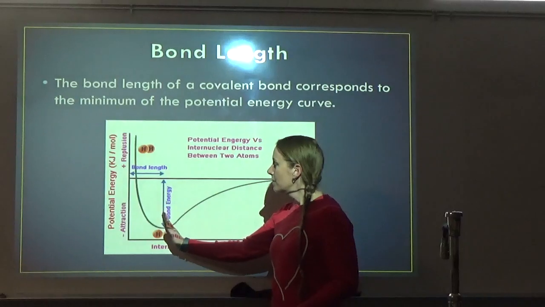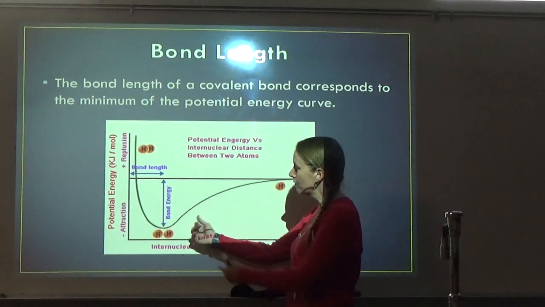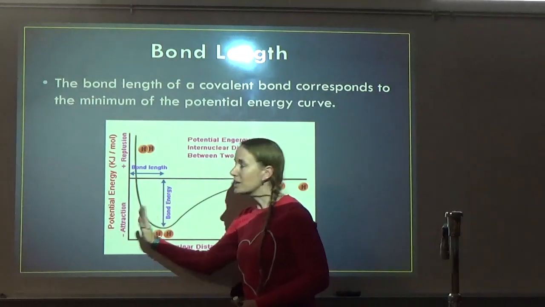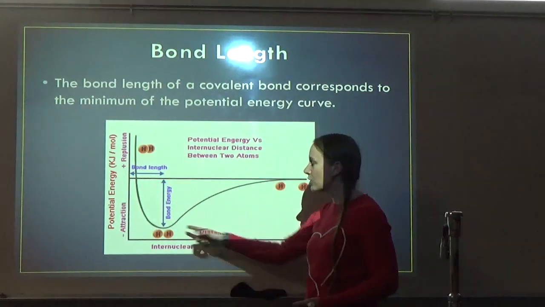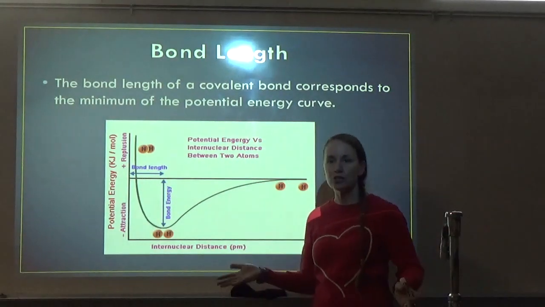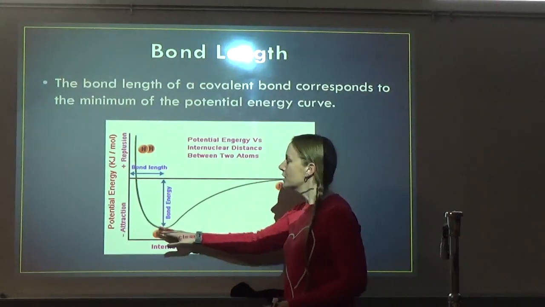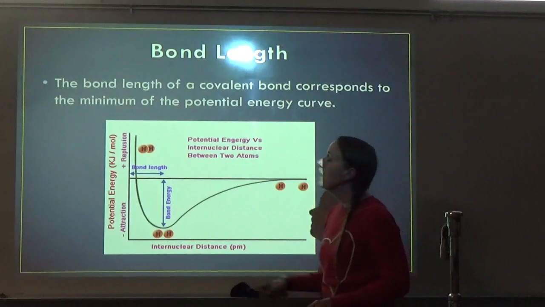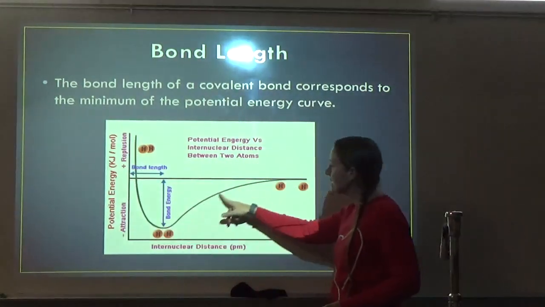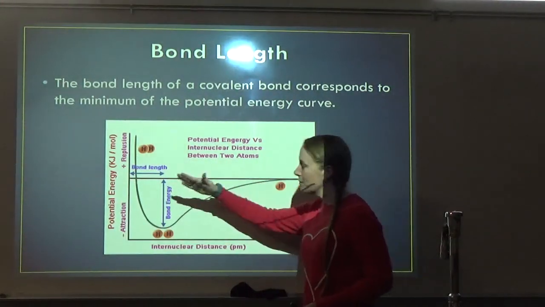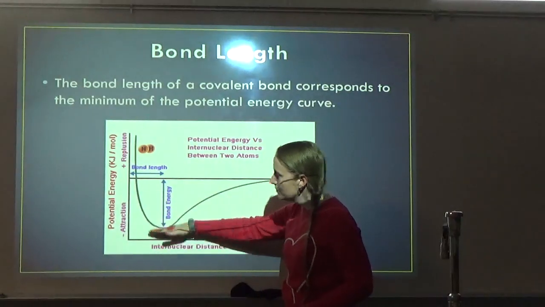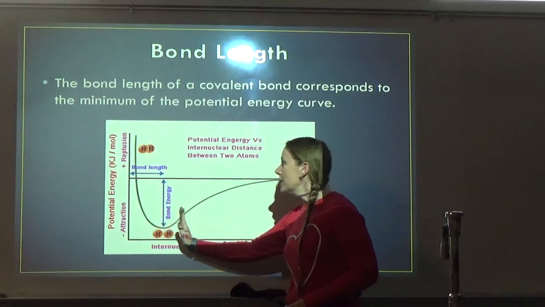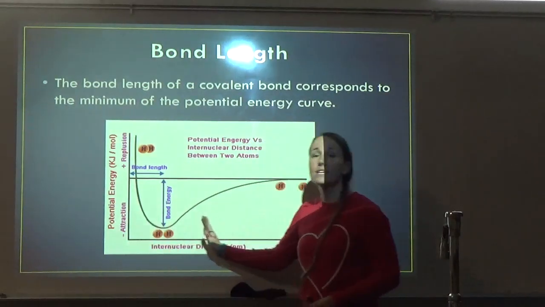Larger atoms might have their minimum further in this direction, and smaller atoms would have their minimum further in that direction. Now, of course, you can't get any smaller than hydrogen, but if this was something else and we were doing a smaller atom, it would be in that direction. But otherwise, they tend to follow the same curve. It just depends on where the minimum is, so you know how strong the bond is, and what the bond length is, so what the radius is.